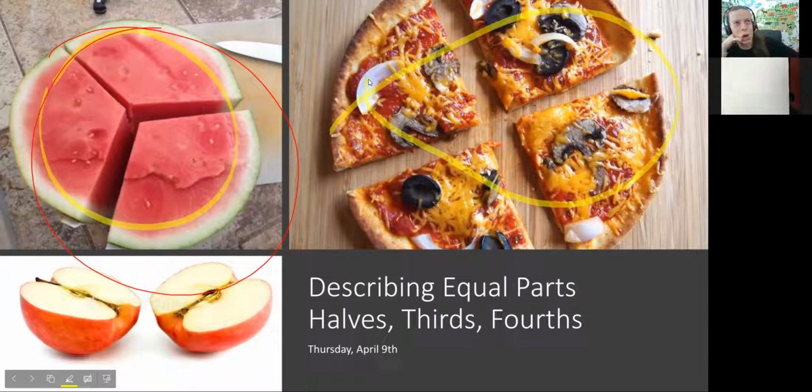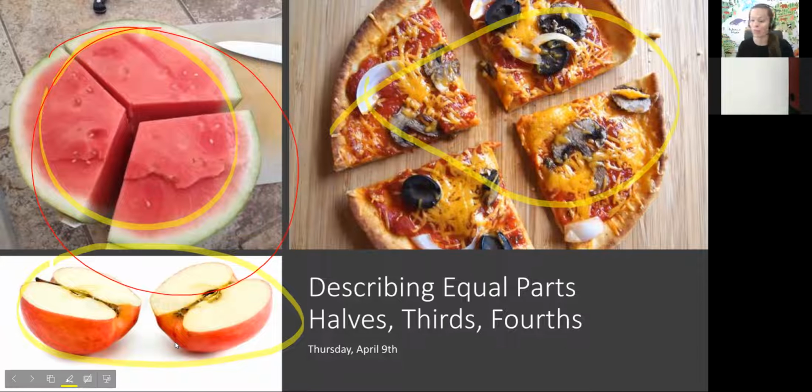So that is called fourths. We also call it quarters, kind of like quarters with money, same thing. Or time. What about the apple? What was the apple cut into? Half. Yeah. 2 pieces, you have half. I get a half, you get a half.